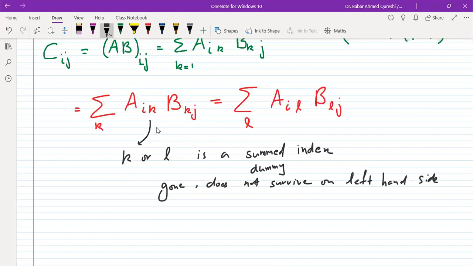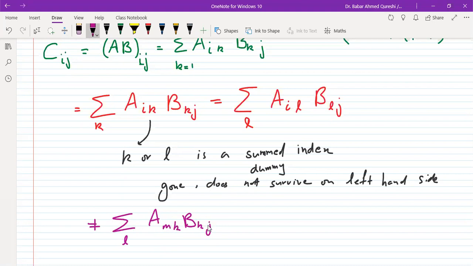But this equation is not same as the one where, instead of I, I take M, because I was fixed.